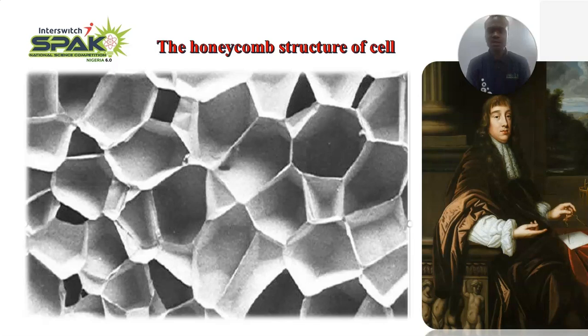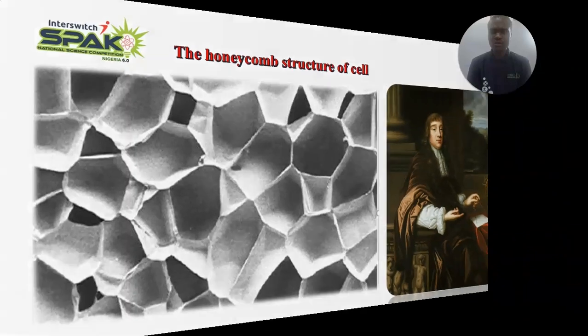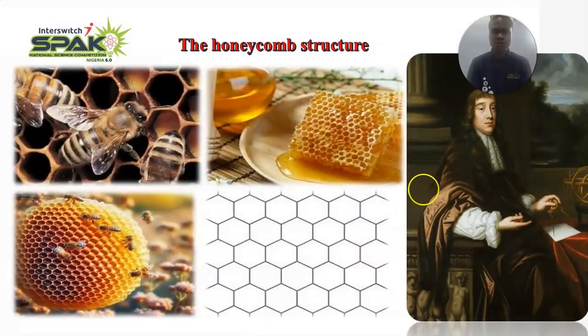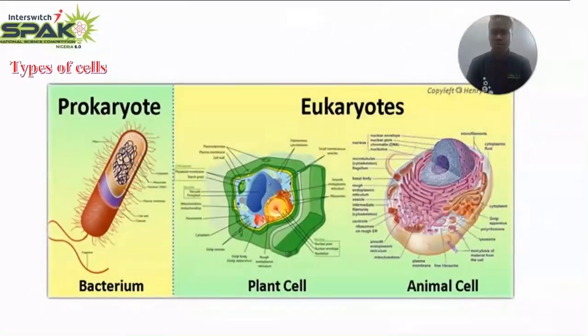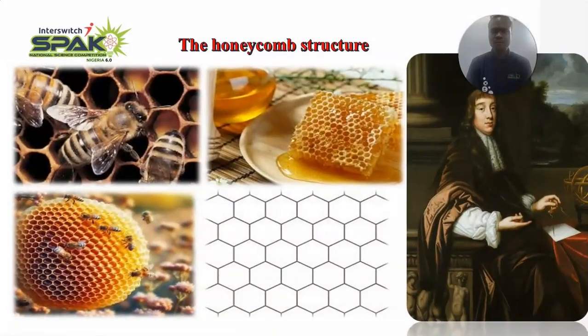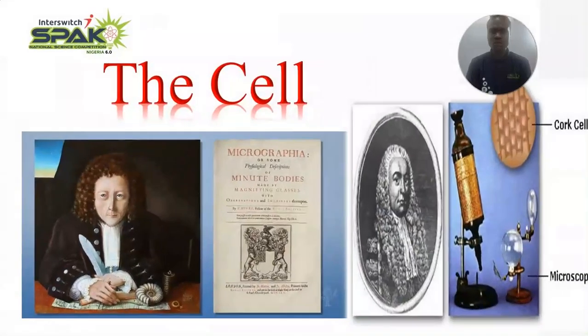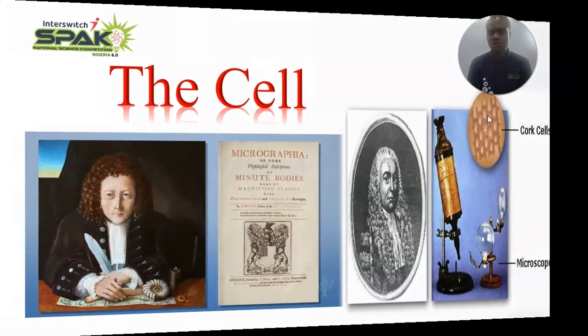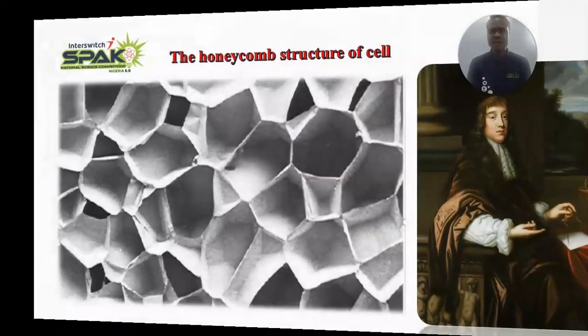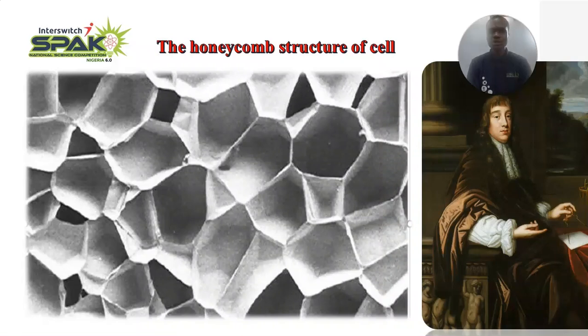When he looked at it using a simple microscope, he discovered that the structure was like small chambers. Working with this simple microscope, he discovered some compartments, empty spaces, spaces without anything inside.